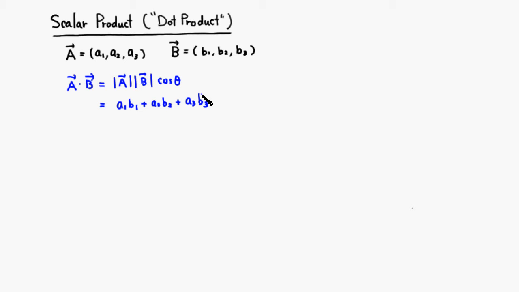In the first one, if you solve for cosine of theta, we can find the angle. So theta is the angle between those two vectors. So we can solve for cosine of theta, which is A dot B divided by the product of their magnitudes.